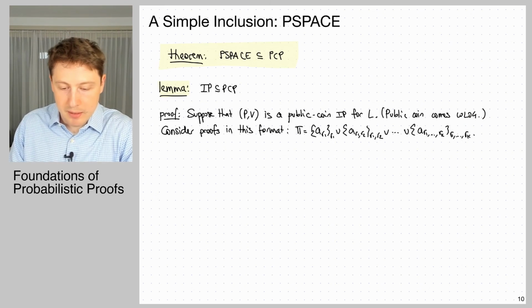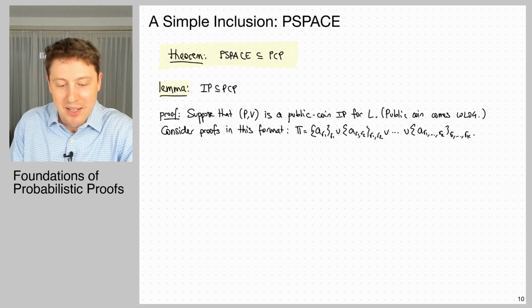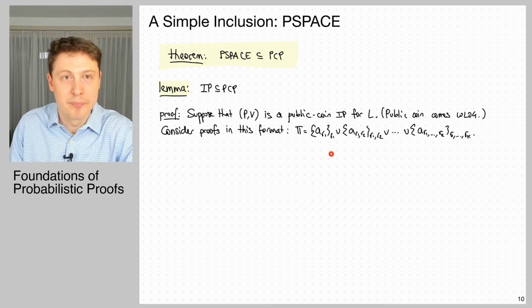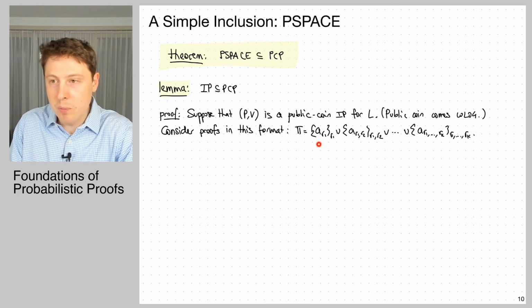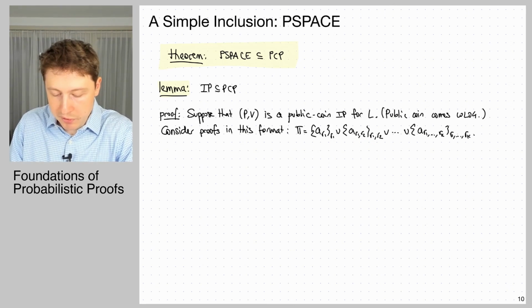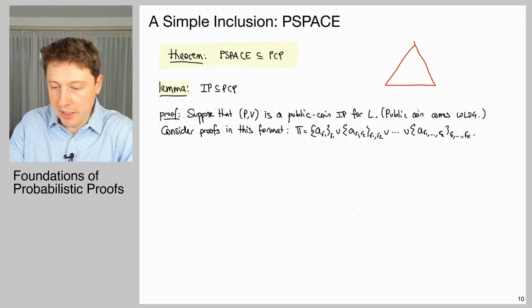And what am I going to do? I'm just going to write down all possible transcripts and call that a proof. So here are all possible first prover messages, all possible next prover messages, the second one, that's a bigger one, right? So the proof is just one enormous string that looks like this.